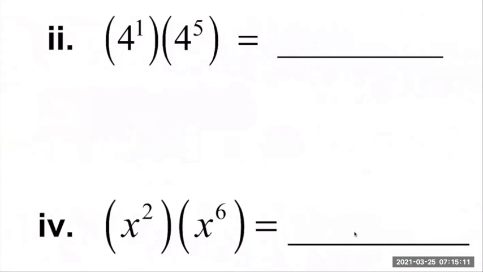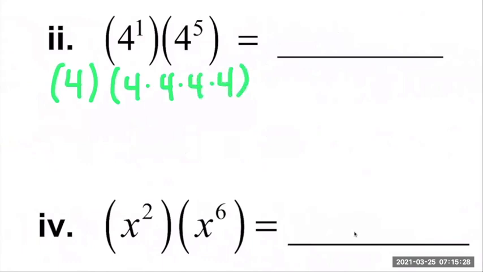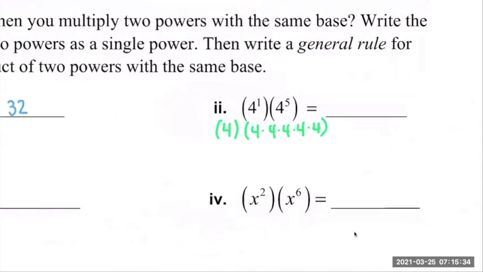We have 4 to the first power and 4 to the fifth power. So obviously 4 to the first is just 4. That's all it is. Now we have 4 to the fifth power, so that's 4 times 4 times 4 times 4, times 4. That's going to give me a really big number.